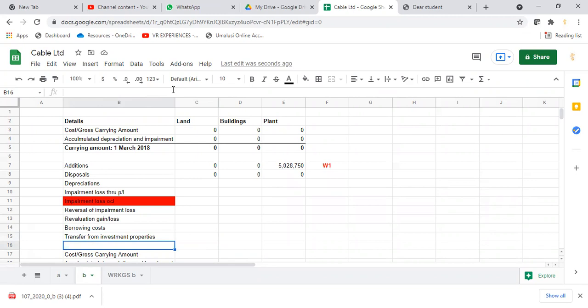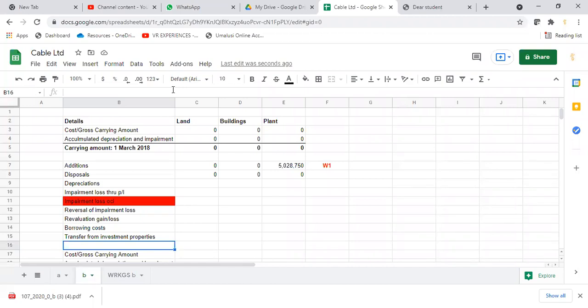On that date, because investment property is measured in accordance with the fair value model, we will de-recognize investment property at fair value, and you will recognize PPE at fair value, because the fair value of investment property becomes the cost of PPE as at 30th June 2018.